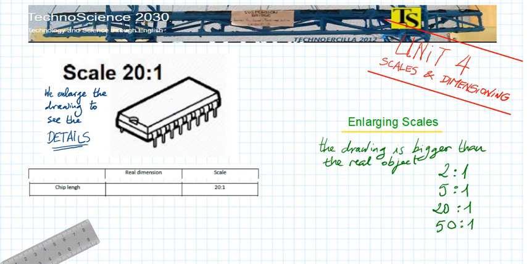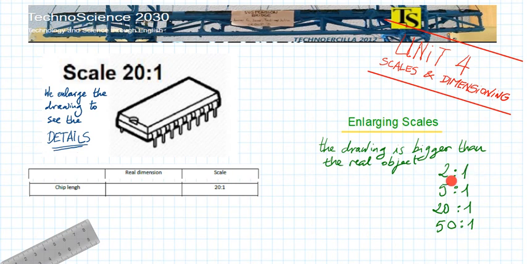The shape of these enlarging scales is always like this. You have the ratio 2 to 1. In this case, 2 to 1 means that the drawing is 2 times the real object. So you have to divide by 2 to get the real object size.